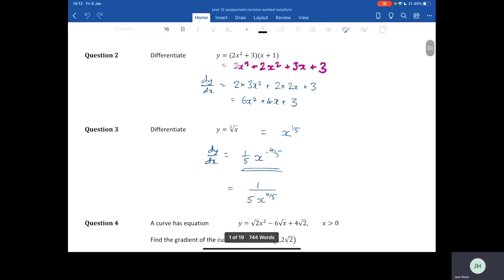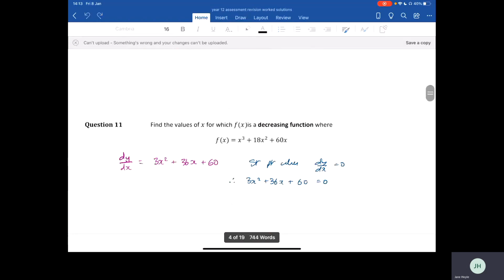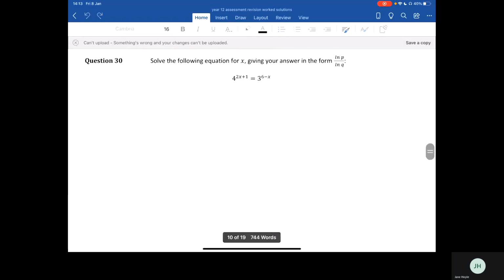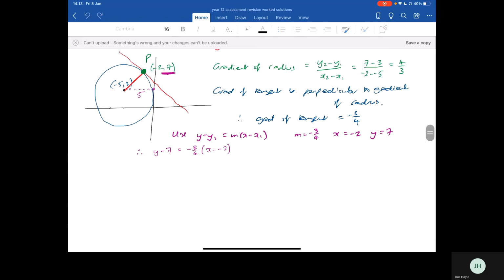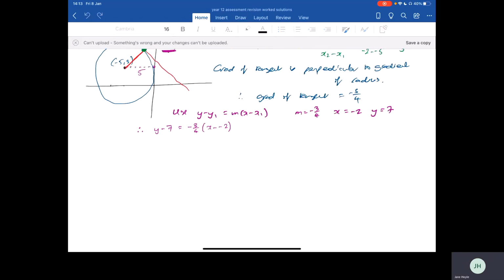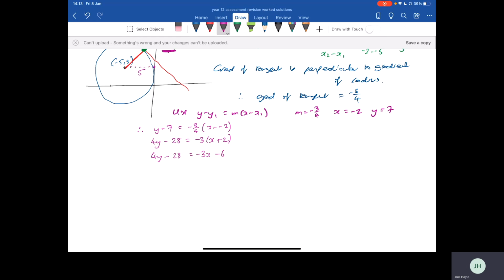Oh, this is annoying. Let's hope it's still there. So I was about to multiply both sides by 4. 4y minus 28 is equal to negative 3x plus 2. So 4y minus 28 is equal to negative 3x minus 6.